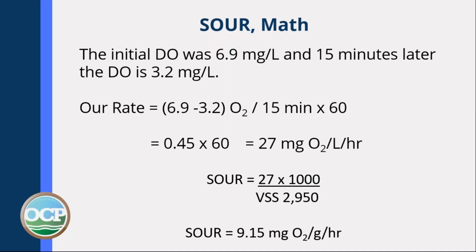Do the math, and your specific oxygen uptake rate equals 9.15 milligrams of oxygen per gram per hour. Remember, on the math, there are more examples in your wastewater manual. There's also a math study guide on our website under test preparation materials for the wastewater math.